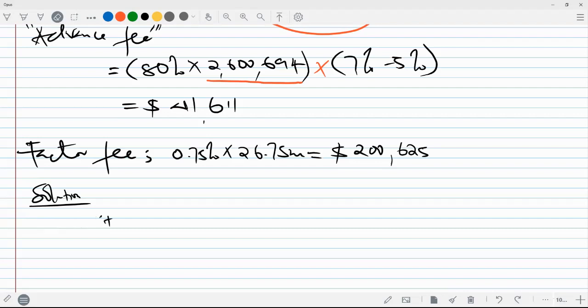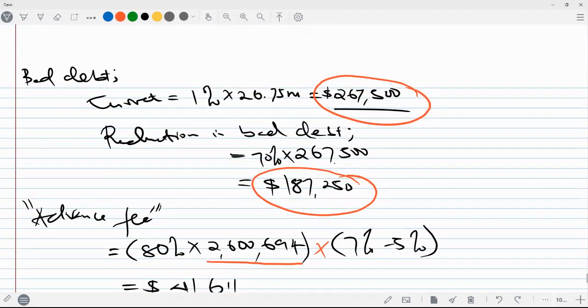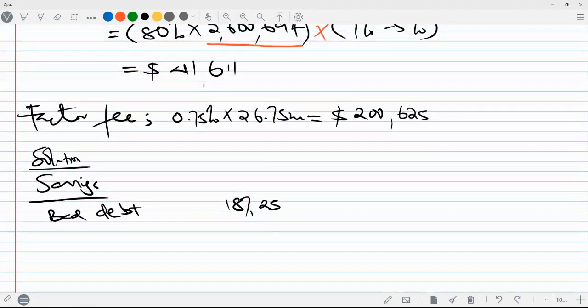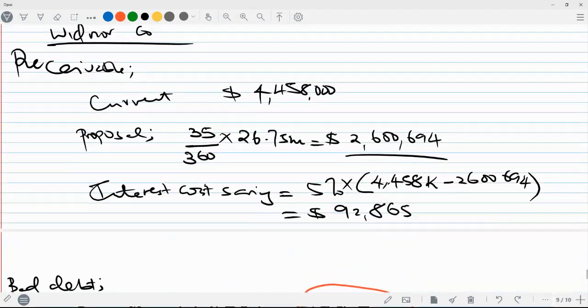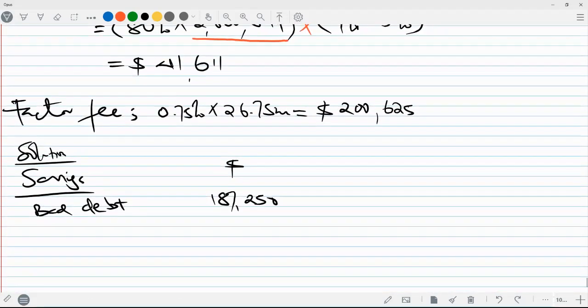Let's write the savings. You have bad debt saving, which is 87,250.